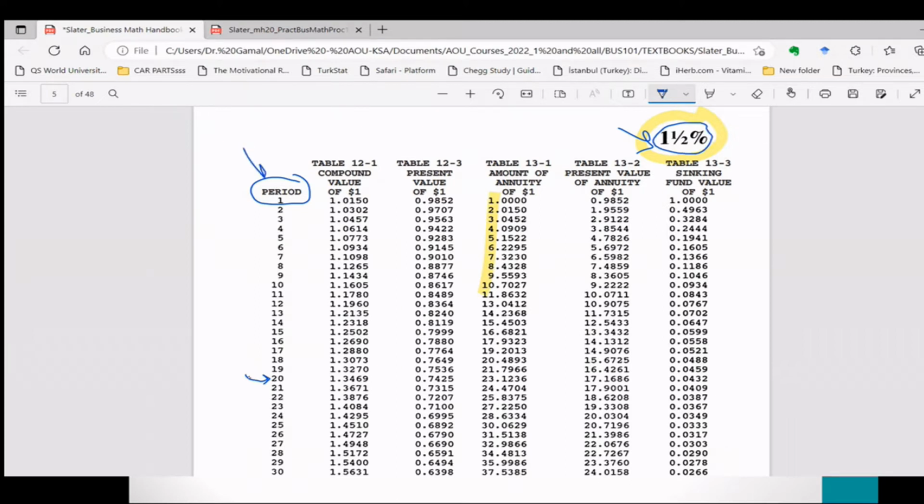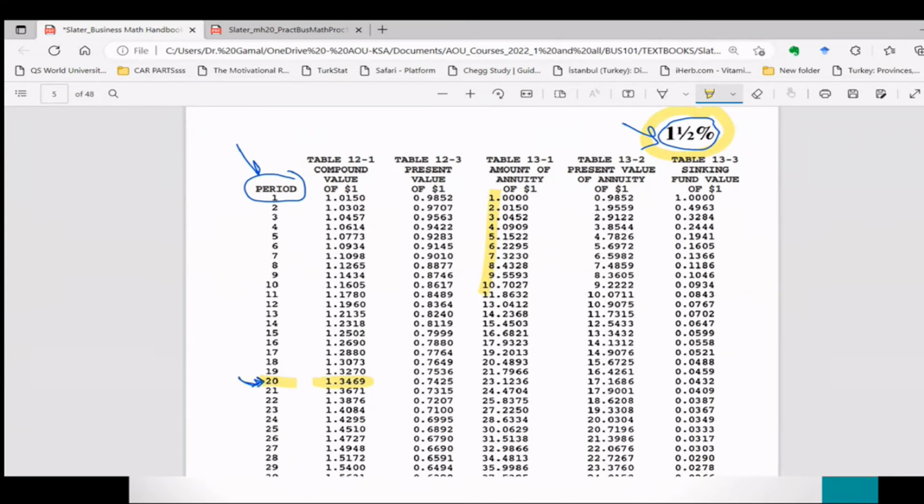So this value is the compounded value. The table factor here is 1.3469.